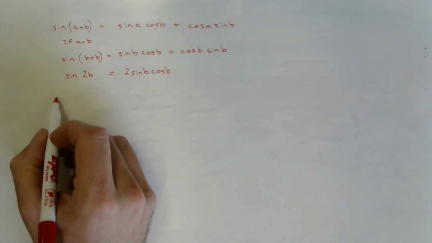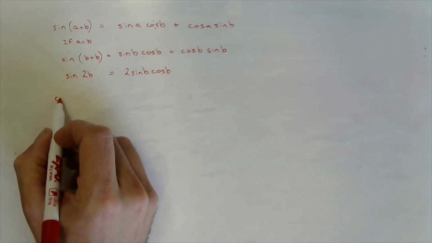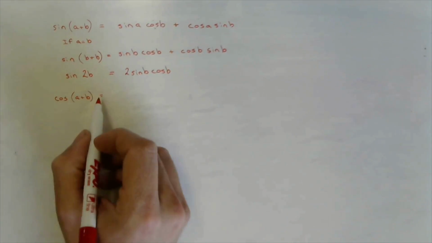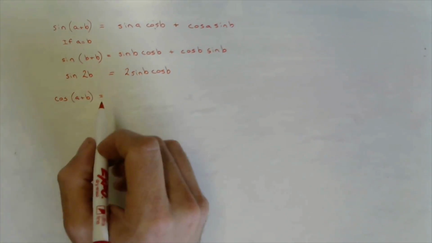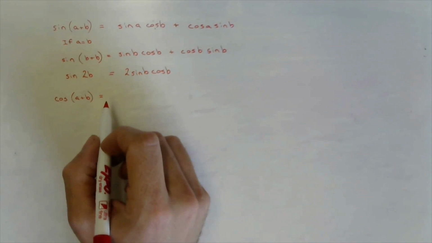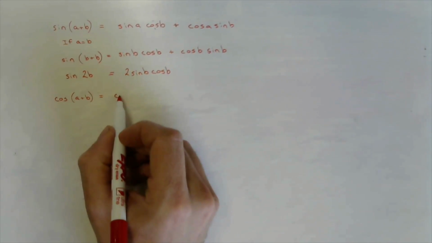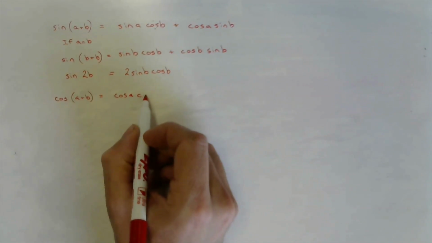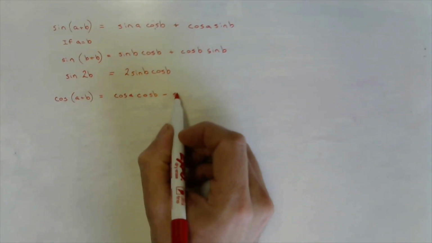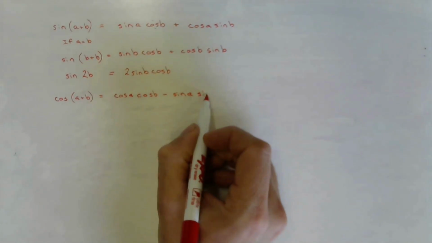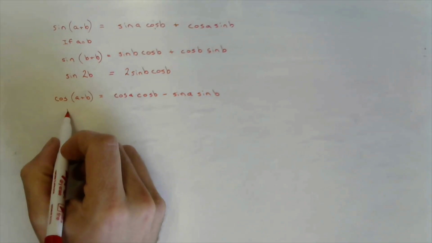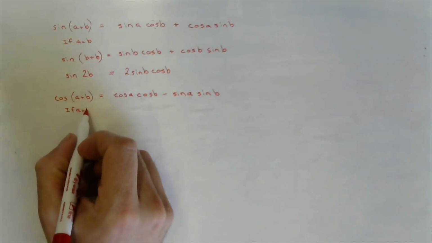Okay, second one, the addition formula for cosine. Cos of A plus B. What's that one? Cosine of A times cosine of B minus sine of A times the sine of B. Well, what if A and B are the same?